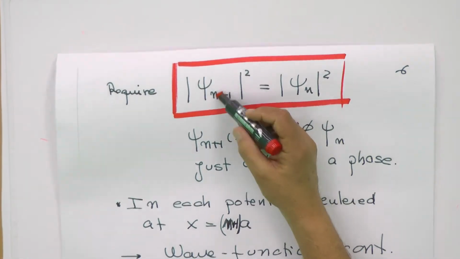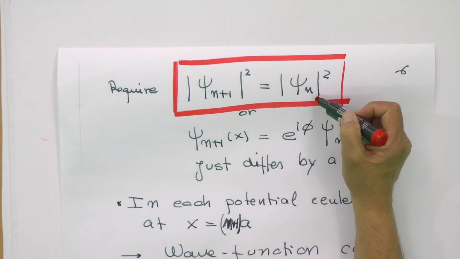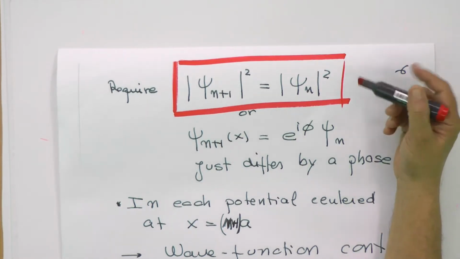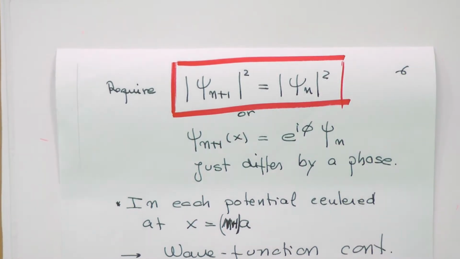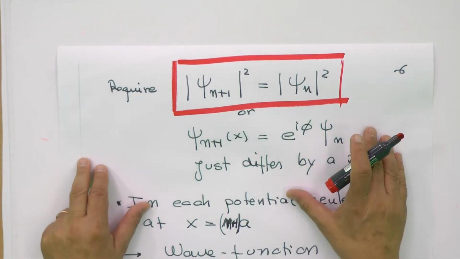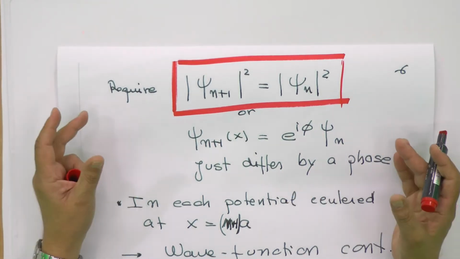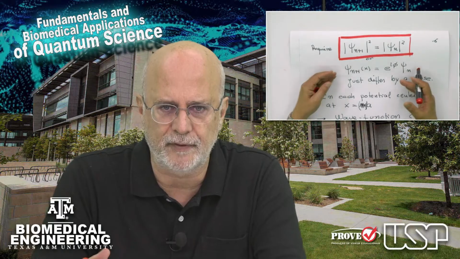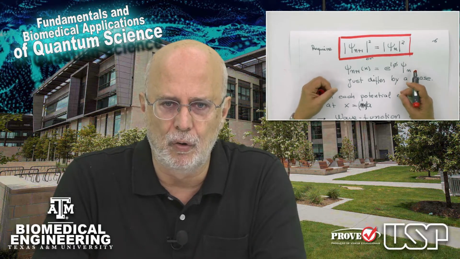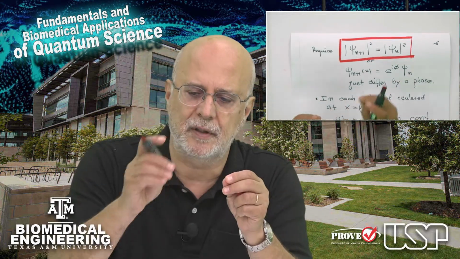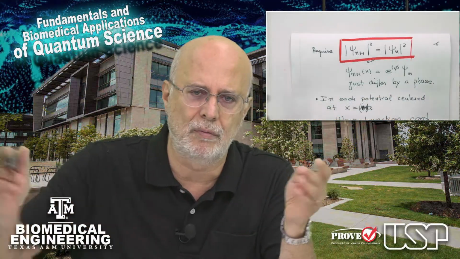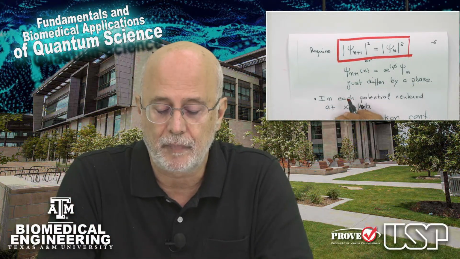So the wave function on one side is related to the wave function on the next one. All those positions are equivalent, right? Because that's the symmetry of the problem. There is no distinction between this or that. They are all a sequence of delta functions.